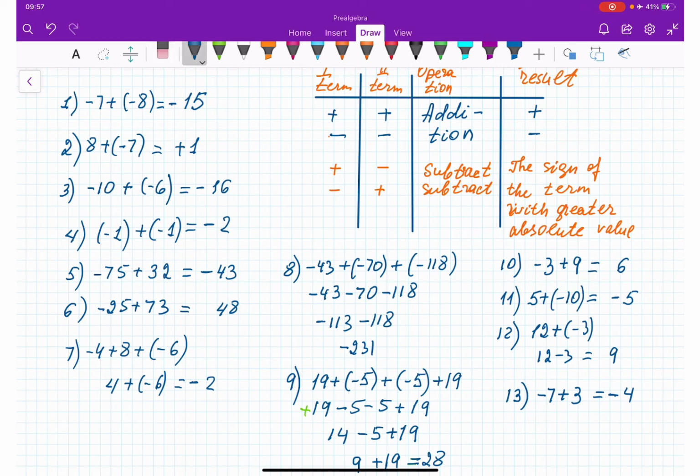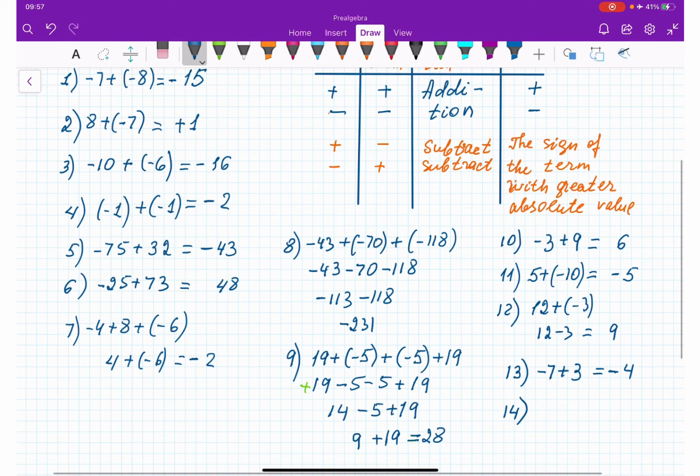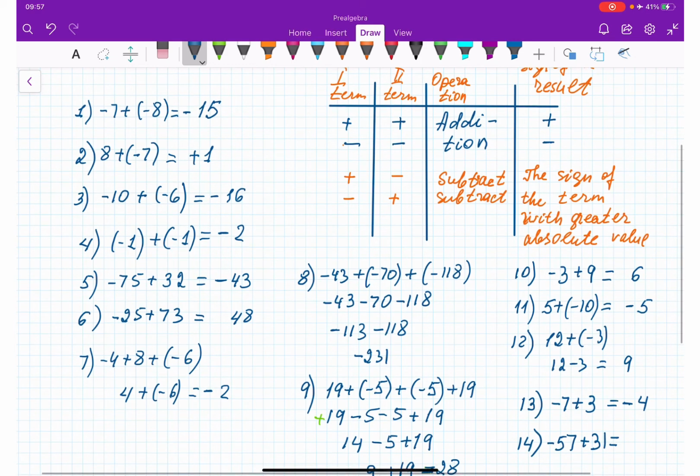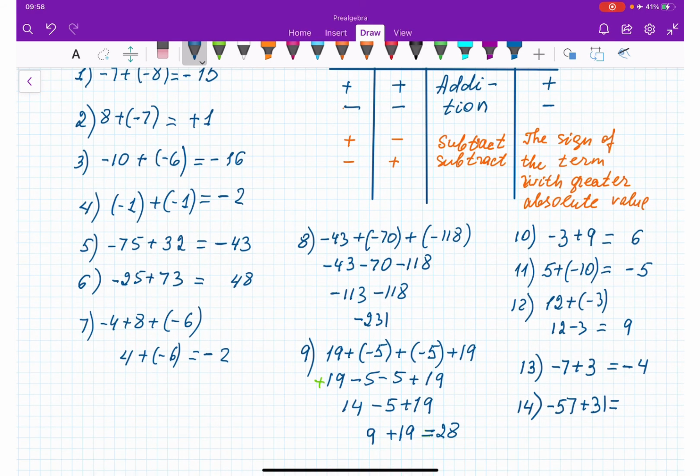Question number 14. We have negative 57 plus 31. Let me see if I can squeeze in. Okay, I'll decide later. Negative 57 plus 31. So we have negative positive. Which means it's going to be 57 minus 31.